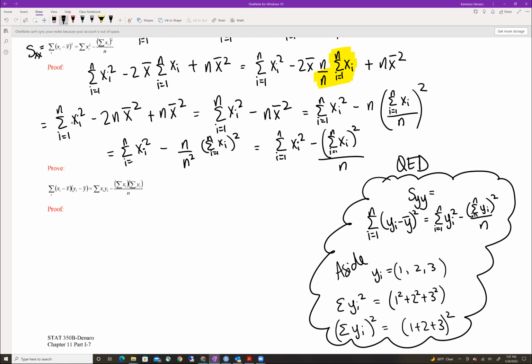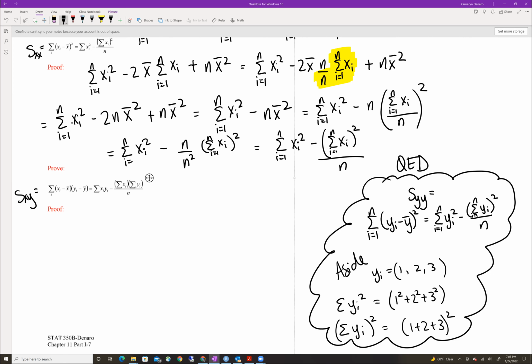All right, let's do another proof of the sum of the x deviations times the y deviations. All right, one foot in front of the other. Let's start on the left-hand side and move to the right-hand side. So we're looking at SXY in this case.